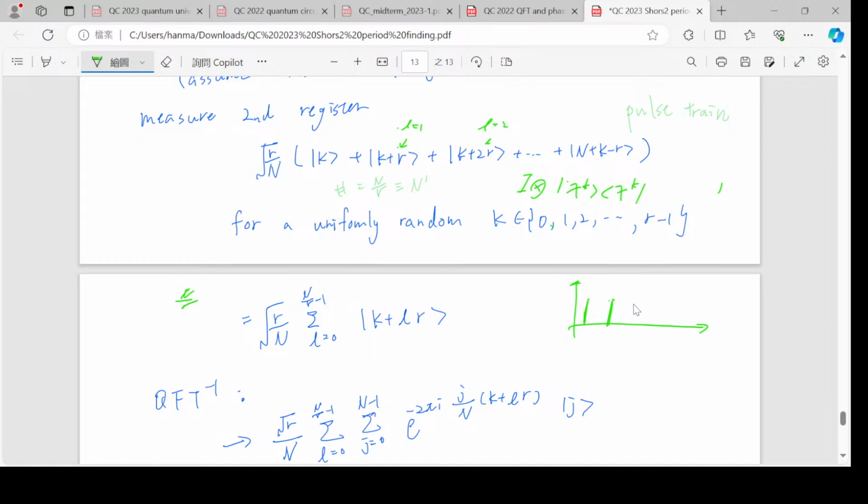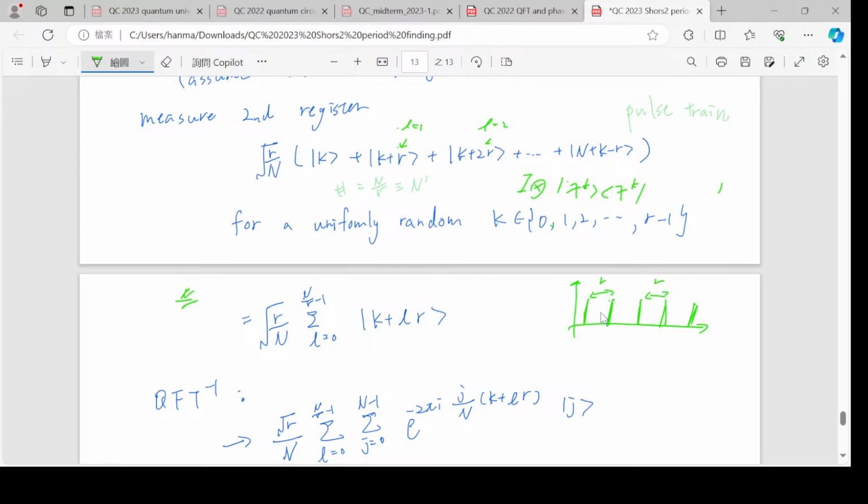Anyway, it's a signal that has spikes that are evenly spaced out, with R difference between them. You have spikes that are evenly spaced out and of the same height, a uniform height.